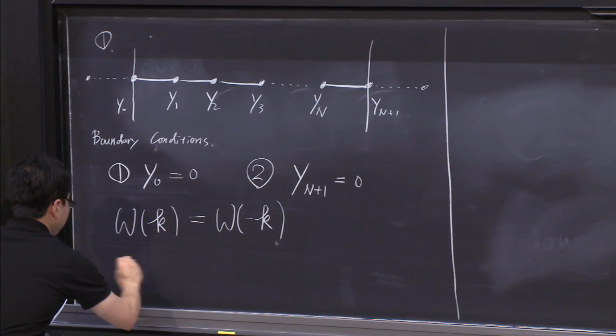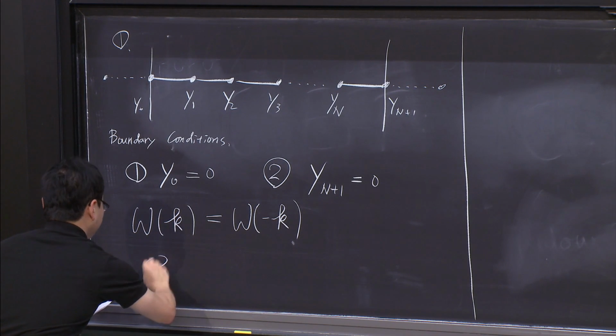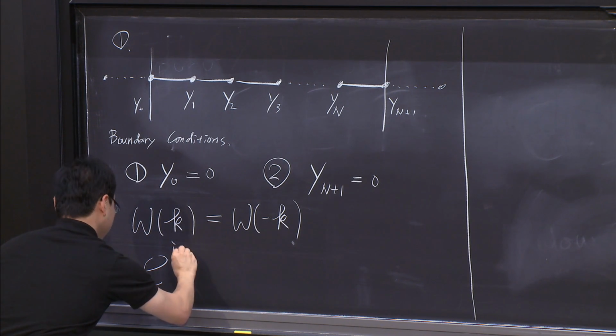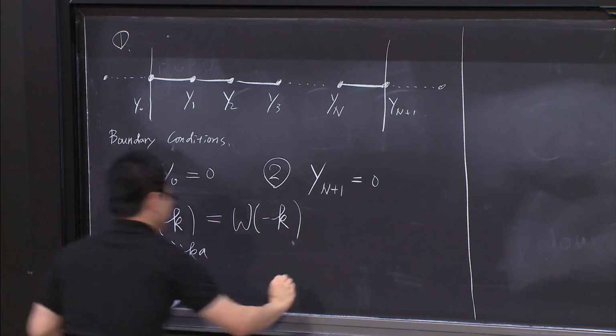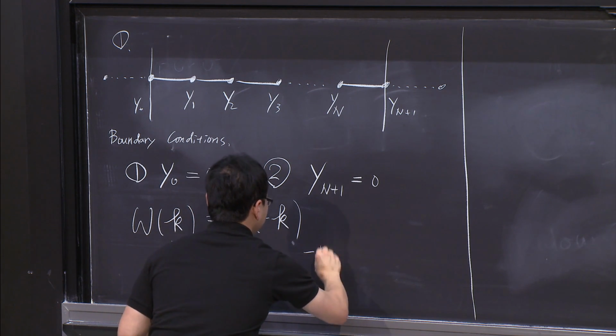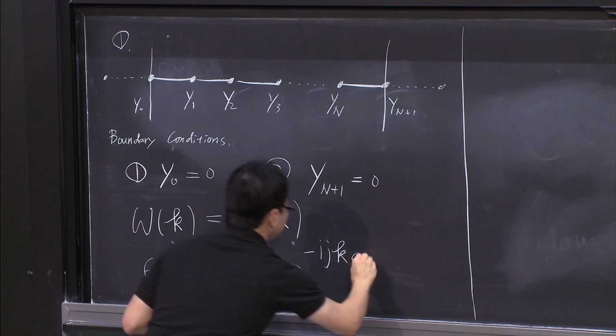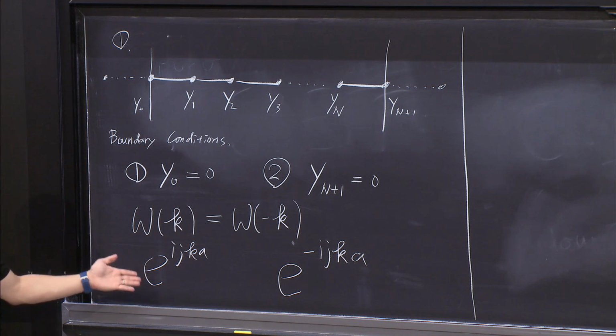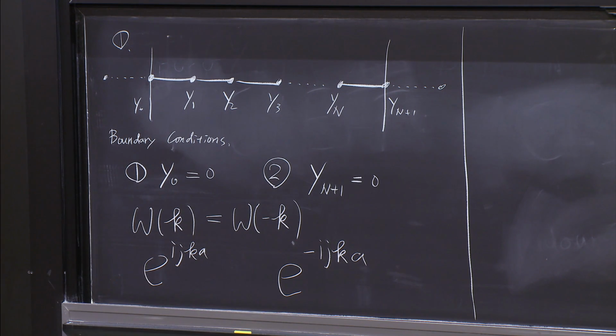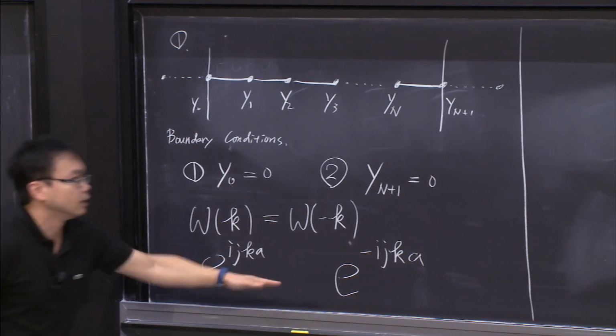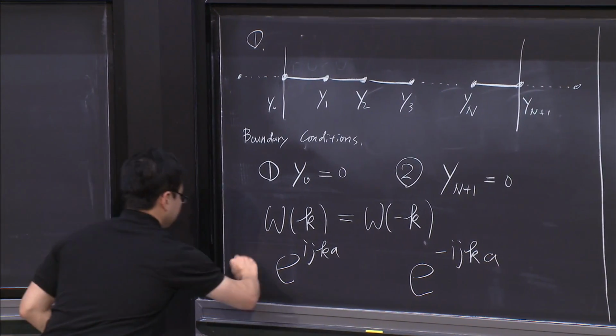This means that a linear combination of exponential ijka and exponential minus ijka is also an eigenvector of the n-1k matrix. So you can do a linear combination of these two vectors.